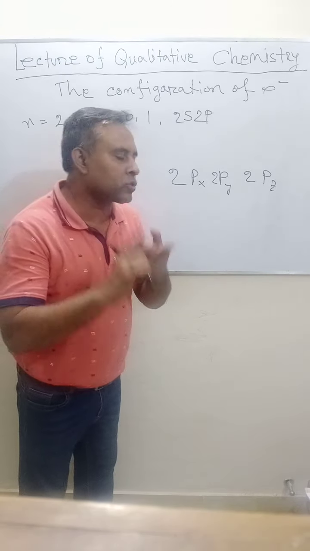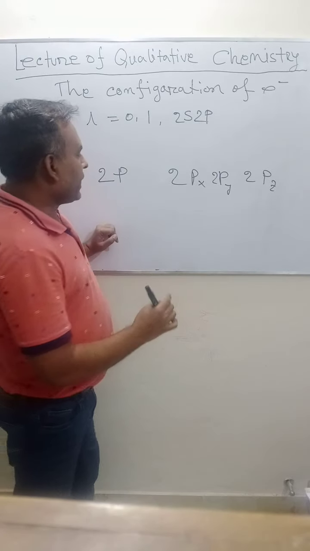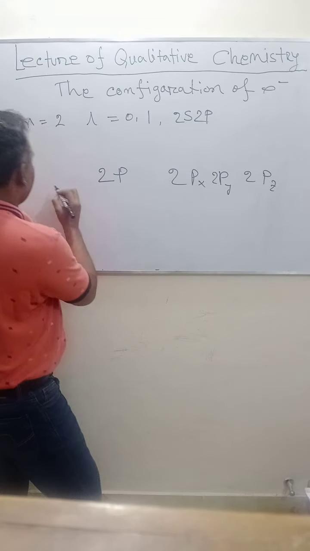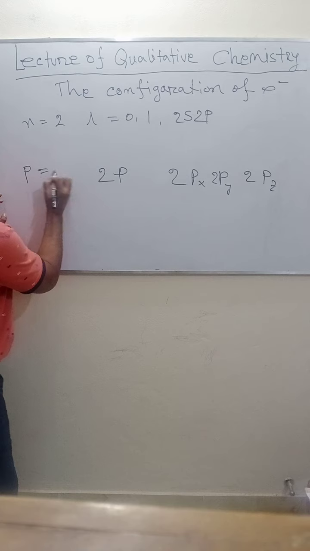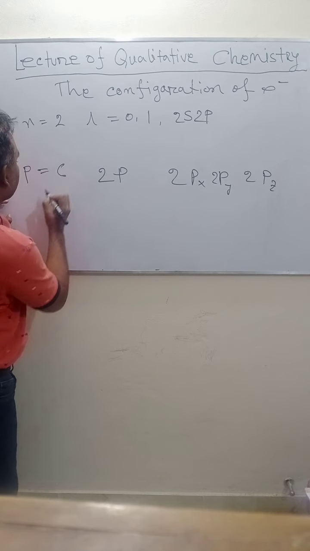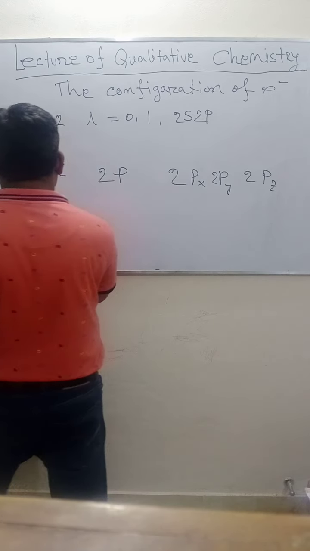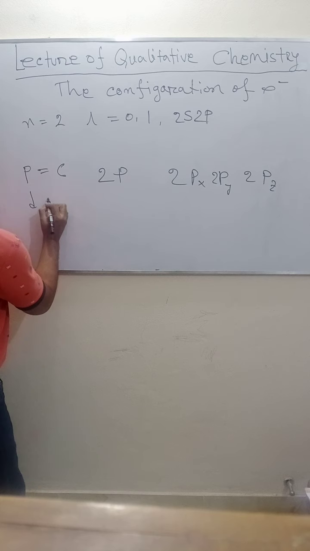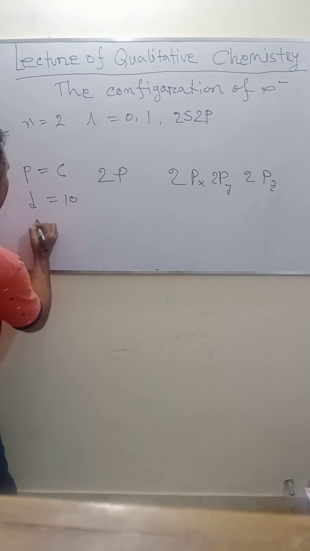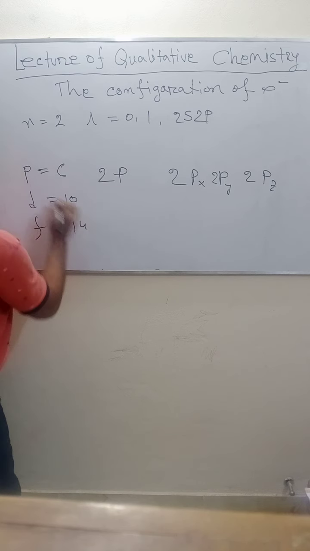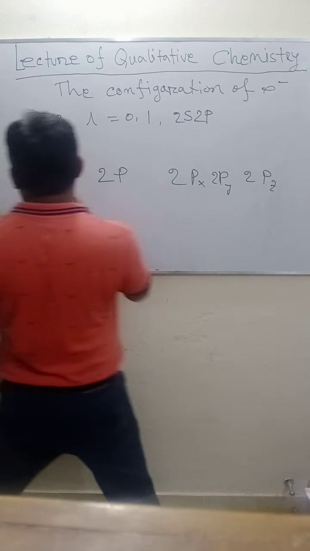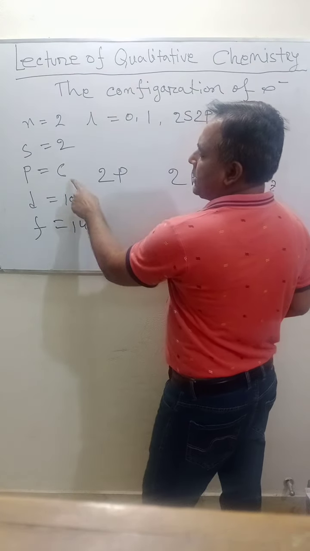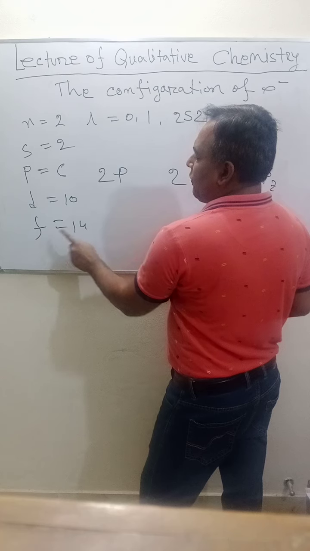According to the rule, the maximum number of electrons is S 2, P 6, D 10, F 14.